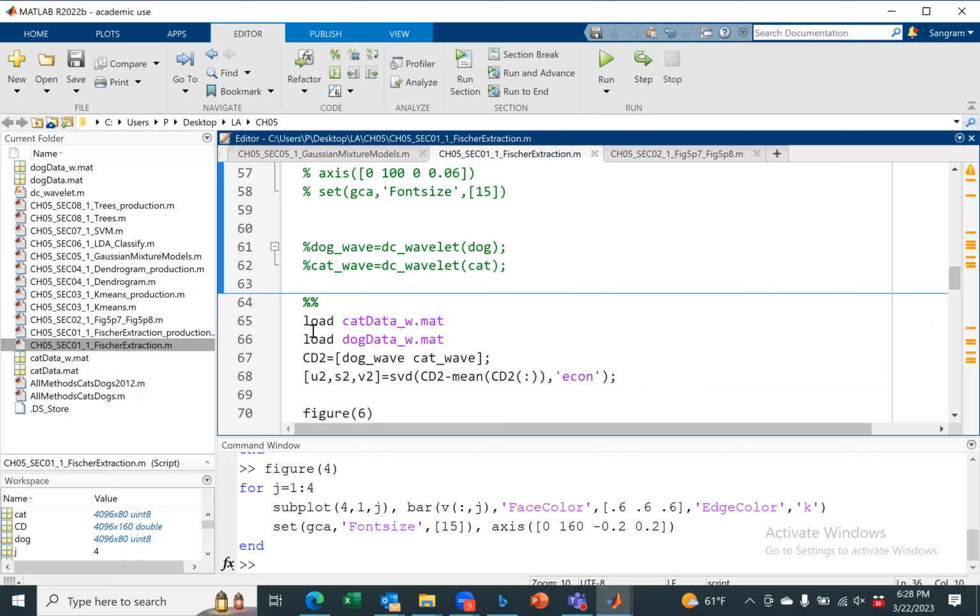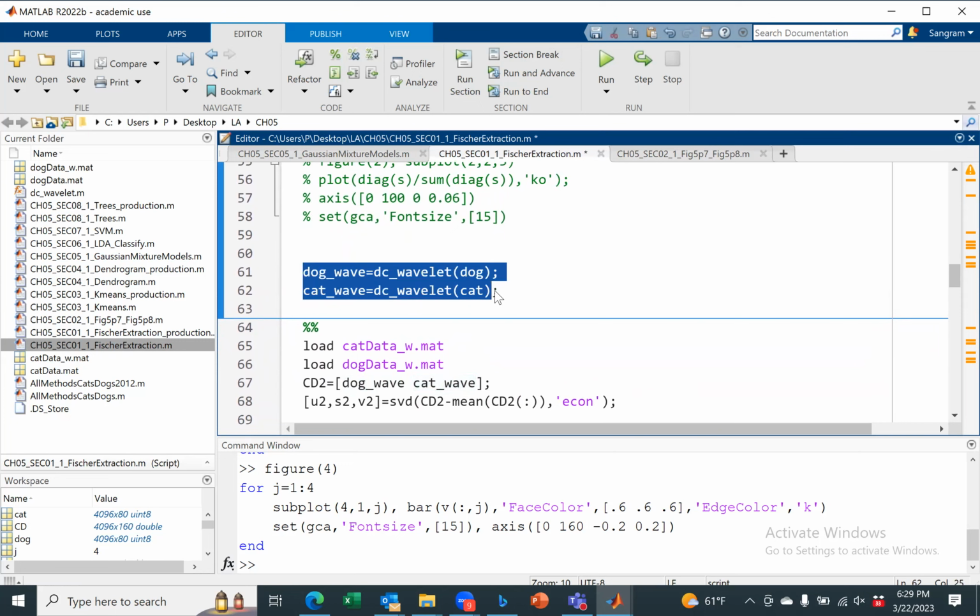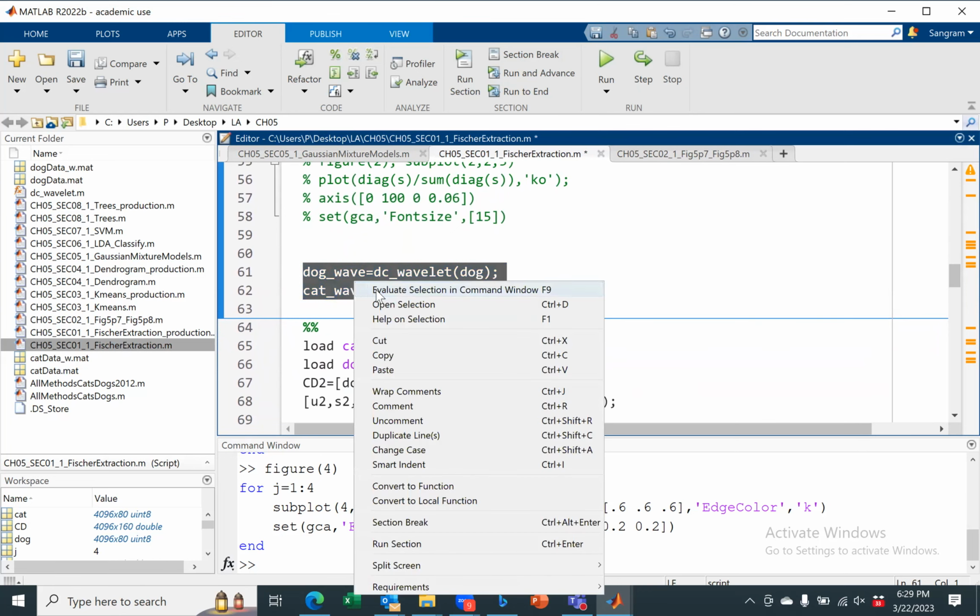So I would just take this out, and I would actually highlight this. So now what we have done is we have performed the wavelet transformation.